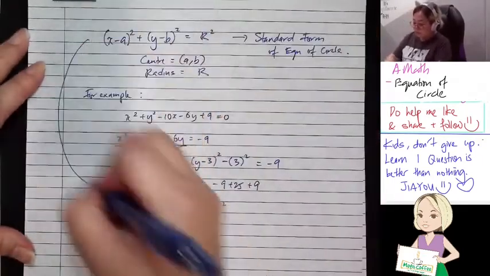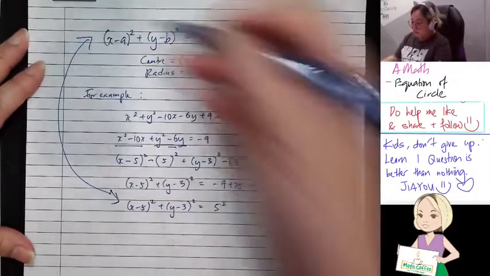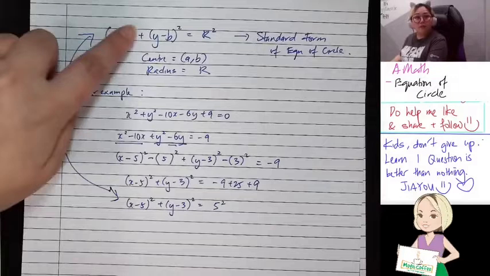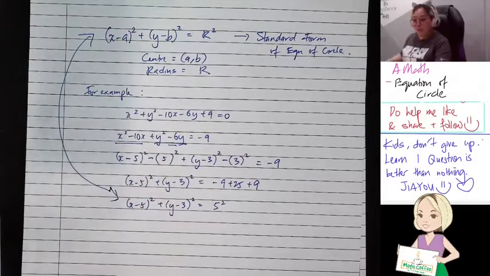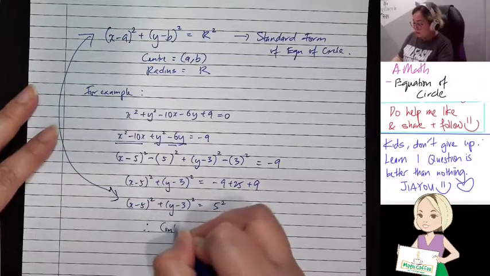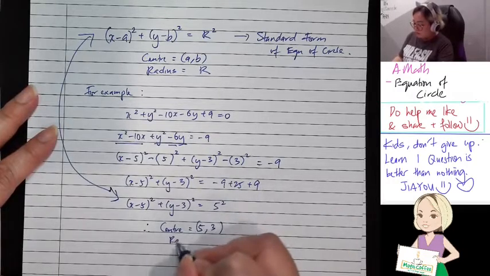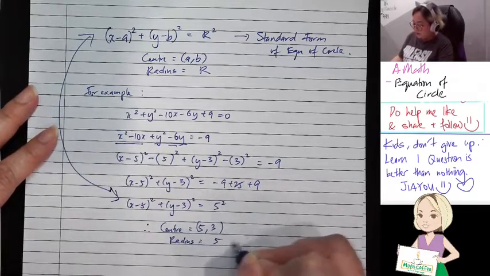So my a is 5, my b is 3, so the center is (5, 3), and the radius is 5 units.